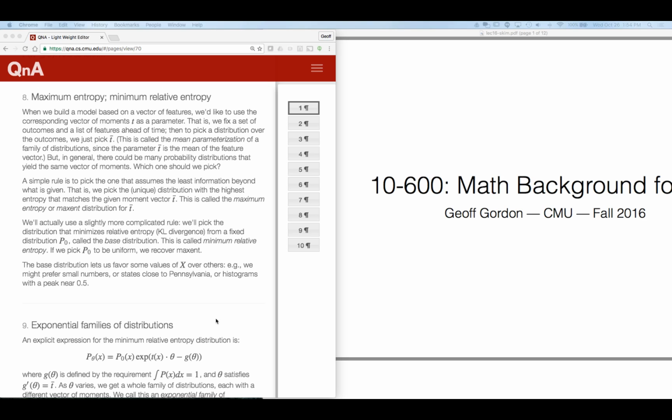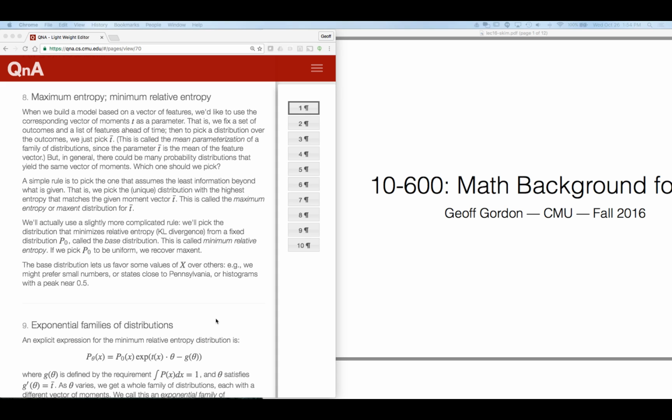And then when we want to pick a distribution over these outcomes, we specify it just by specifying what's the expected value of x and what's the expected value of x squared. And this is a good idea. It's a good enough idea that it has a name. That's called the mean parameterization of a family of distributions, because we're picking our parameter to be a mean of the feature vector.